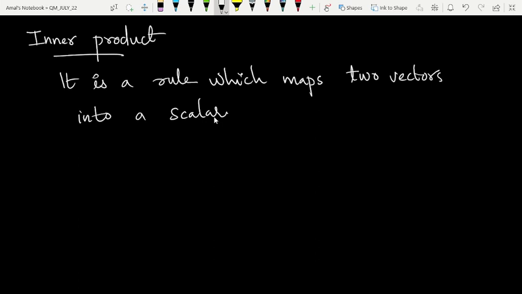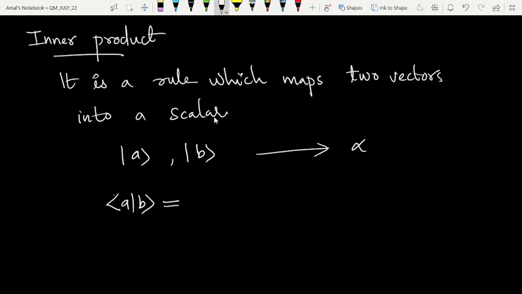which means that if there are two vectors A and B, this rule maps these two vectors into a scalar alpha. And this rule is denoted like this: A, B. So there are two vectors A and B, and this rule inner product is denoted like this.